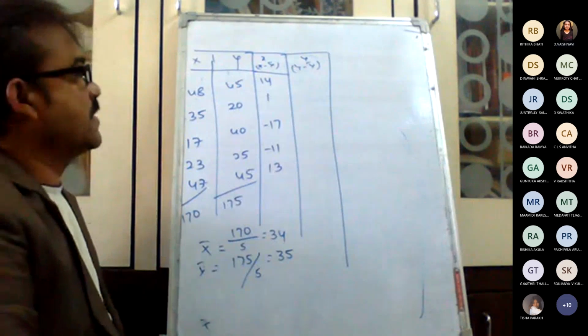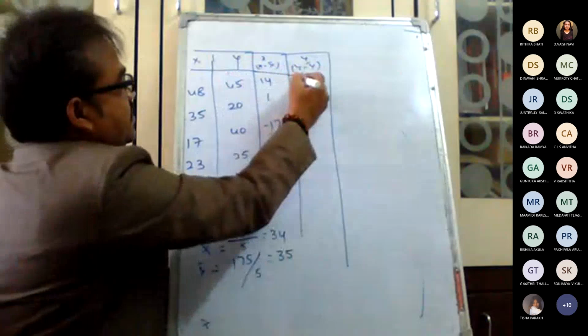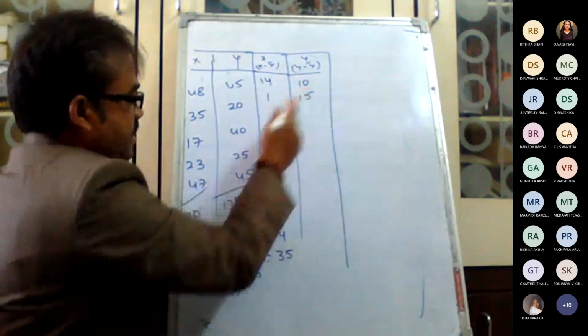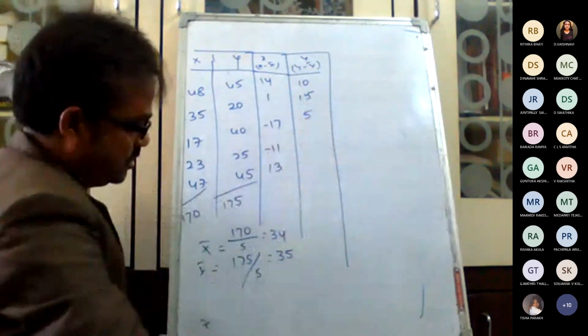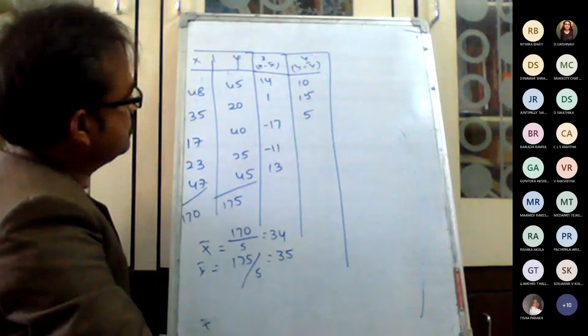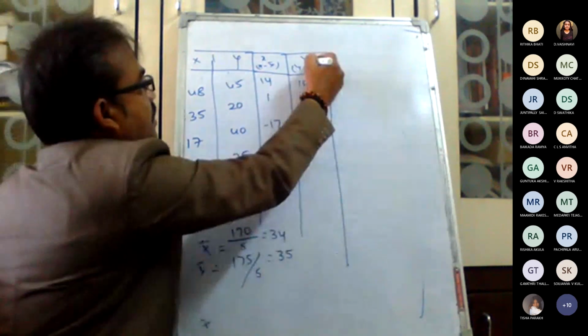Yes, sir. Okay, now y. 45 minus 35 is 10. 20 minus 35 is minus 15. 40 minus 35. Sir, in that y thing, is the bracket y minus y bar or x bar? y bar, this one.